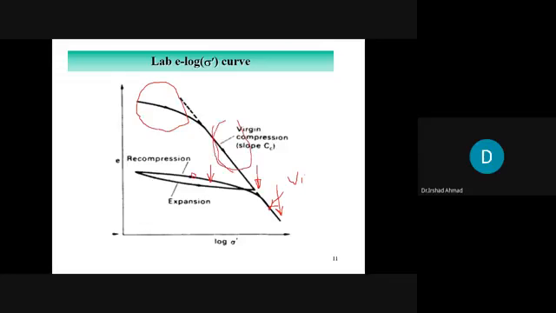So why is this curve? If you understood this curve, then answer me why this is curve and this is linear.